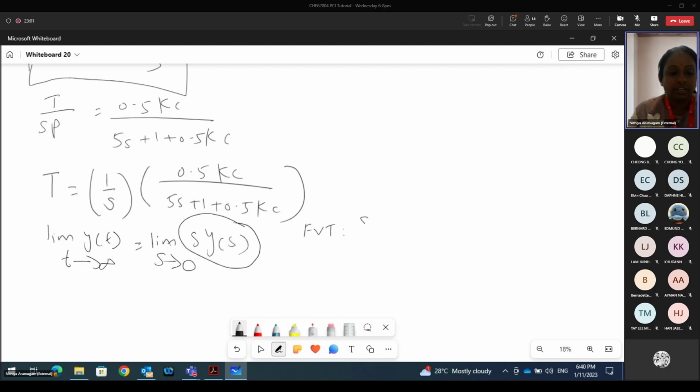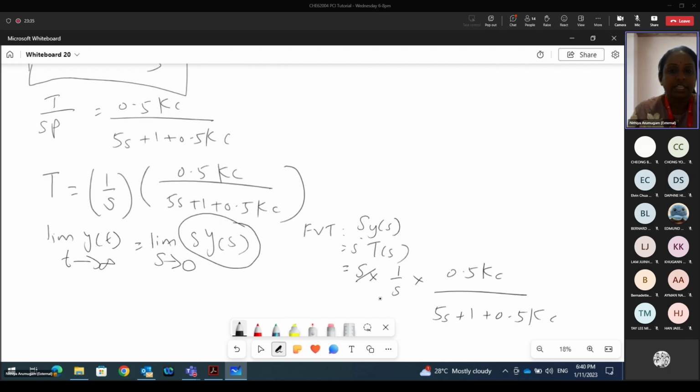We multiply s with T(s), which is 1 over s times 0.5 kc over 5s plus 1 plus 0.5 kc.